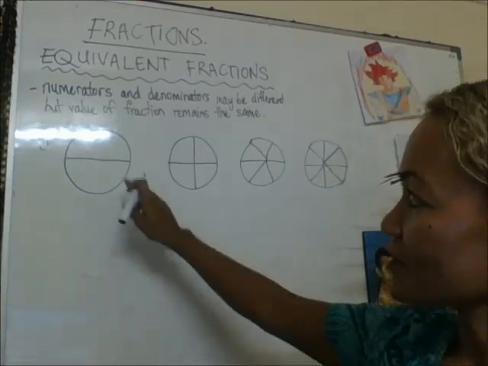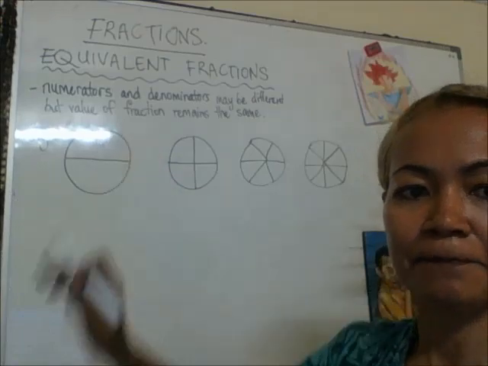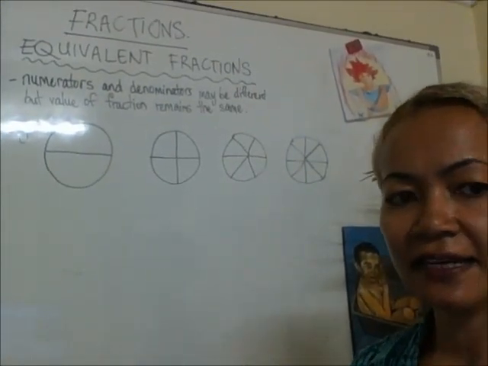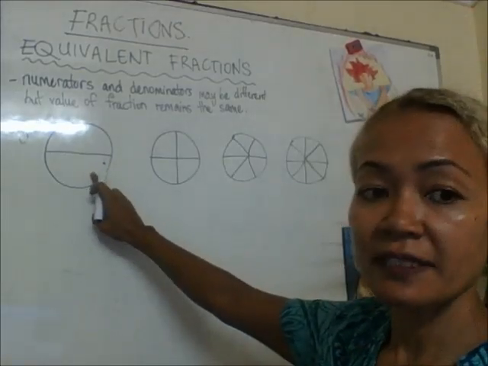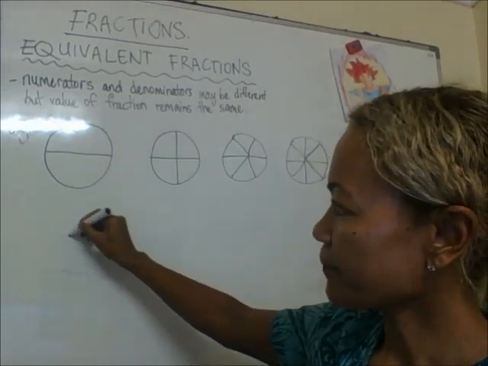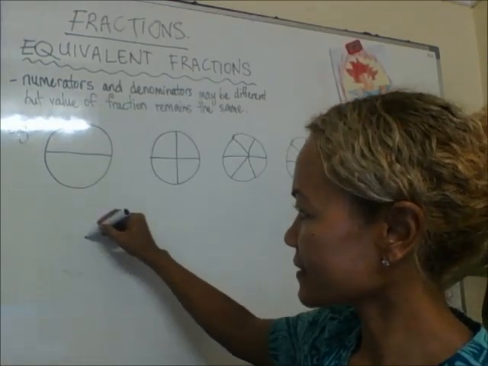Okay, so the first one, you'll see, let's see if I can minimize that light. Okay, well, the circle is split into 2. Here the circle is split into 4. So split into 2, so the denominator here is 2.